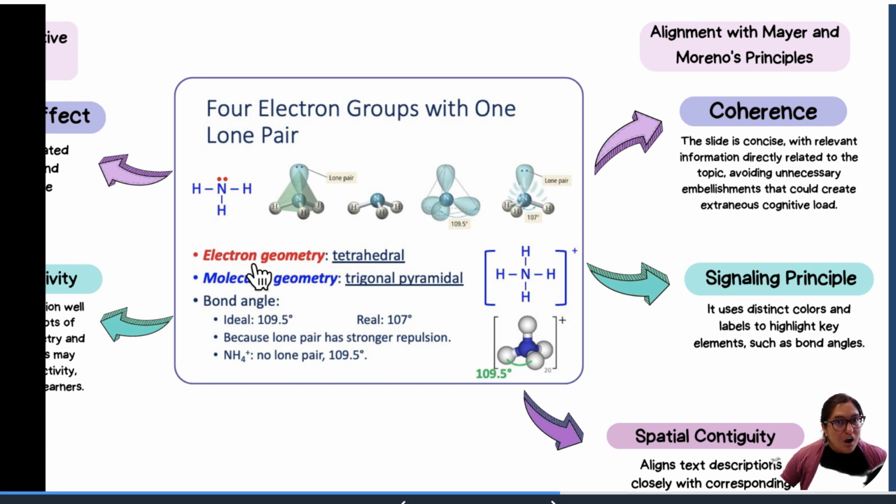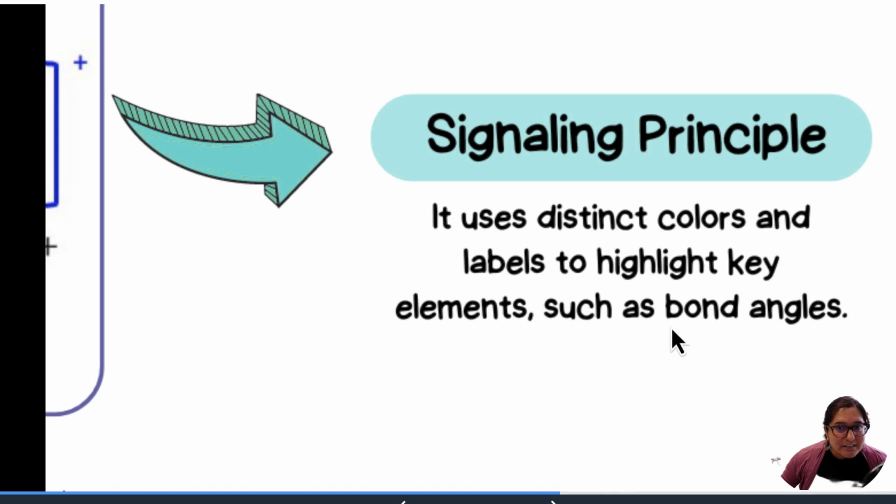I don't have to talk about it, but I am allowing them to make those connections by visually looking at it, right? So this is what the signaling is. This is not something that I have to be explicit in mentioning for students to note, but it is going to happen naturally because of the difference of choices in color. Isn't that interesting? I think it's really cool.